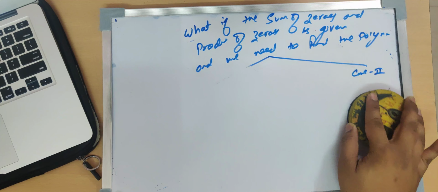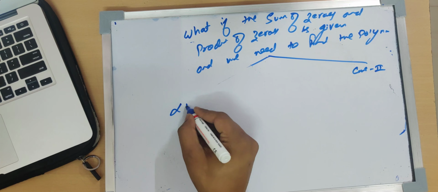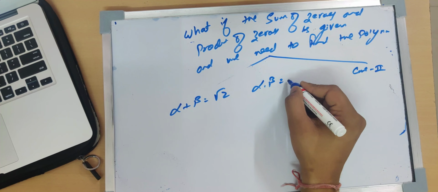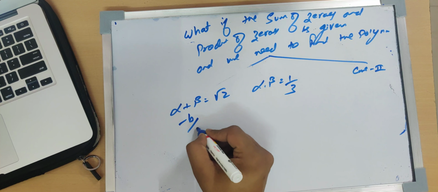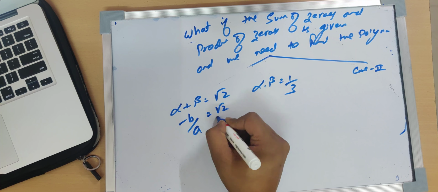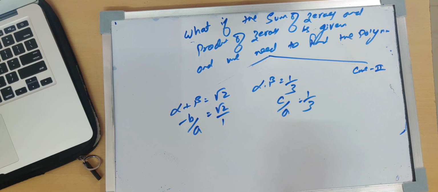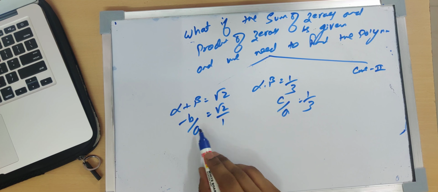Now the similar question with case 2, right? Alpha plus beta is given as root 2 and alpha into beta is given as 1 upon 3. As we know that alpha plus beta is minus b upon a, we can write it like this, and alpha into beta is c upon a, we can write it like this. In this method, what we are supposed to do is make the a the same on both sides, minus b by a and c by a.